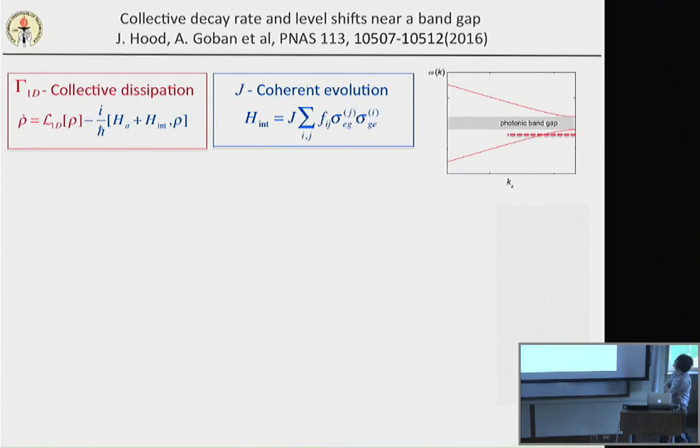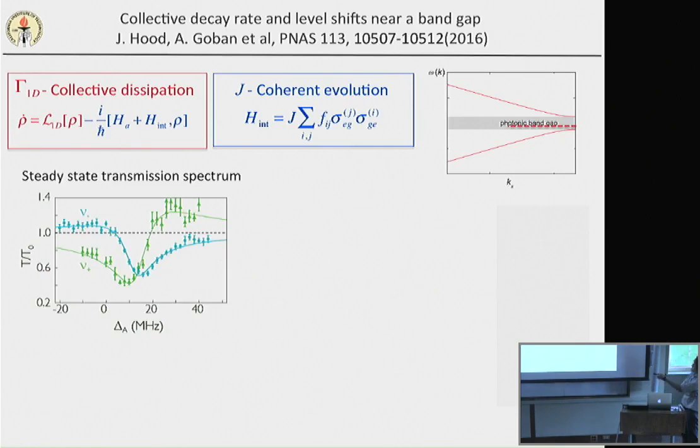And we can further tune the atomic resonance frequency near the band edge, crossing the band, or make it inside the band gap. By doing so, you can control the size of the collective dissipation rate into the waveguide mode, or the coherent interaction between the atoms.